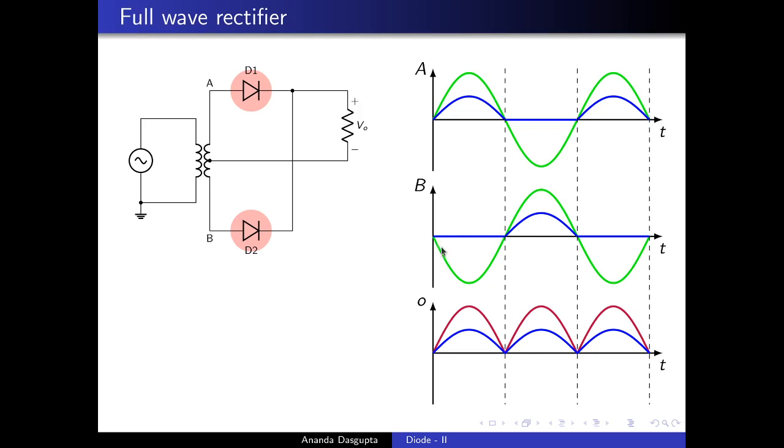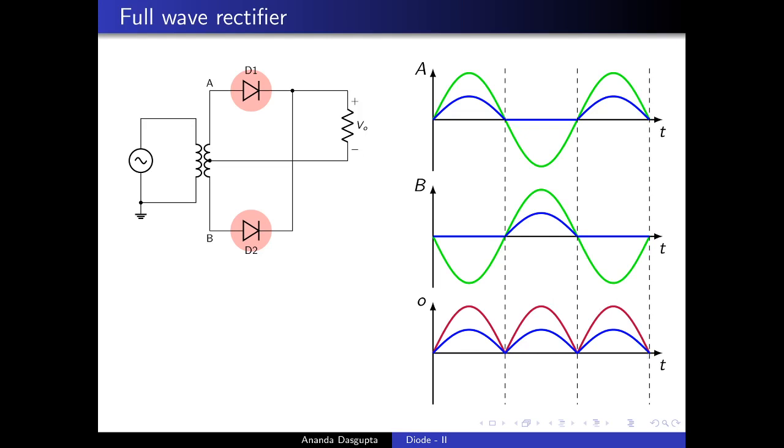The current through both together, which is the current through the resistance, looks exactly like this, and the voltage looks exactly like the purple curve here. So the voltage essentially exactly follows voltage at A when voltage at A is positive, and voltage at B when that is positive. So you get a positive current or positive voltage through the entire time. This is full wave rectification.